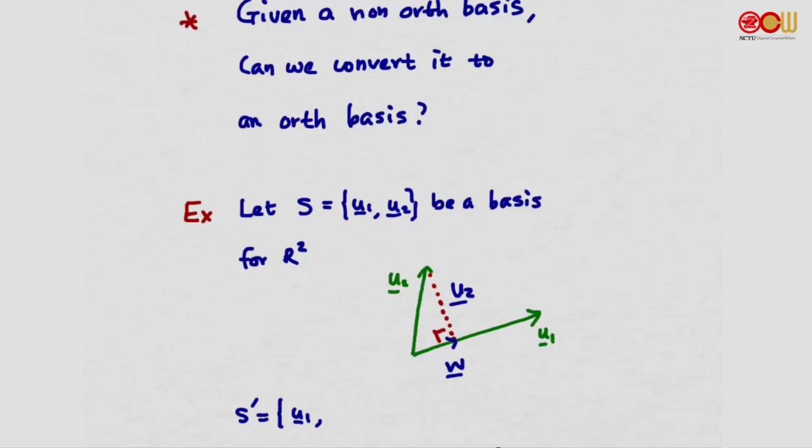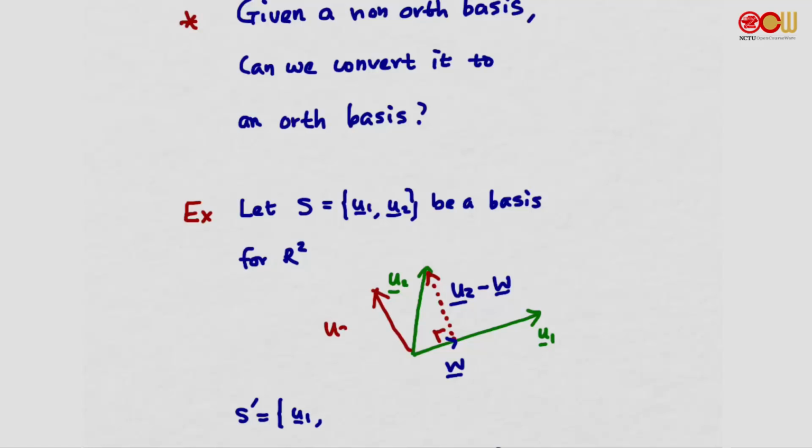Then this one would be U2 minus W. This vector is U2 minus W, and so we would have U2 minus W here.